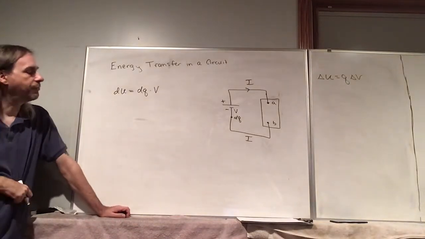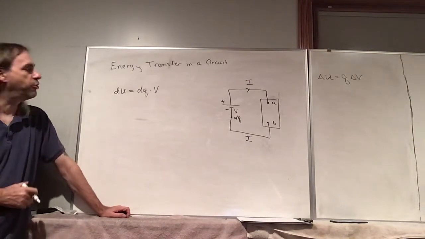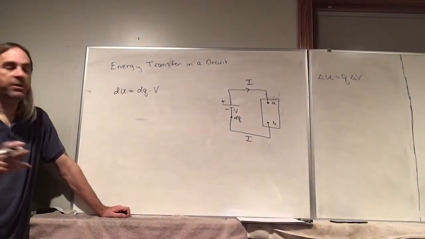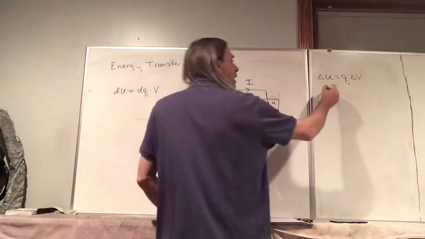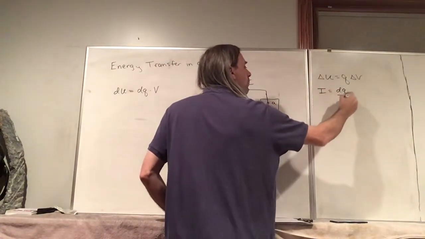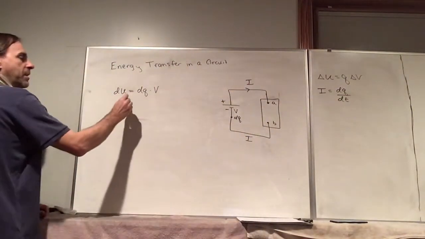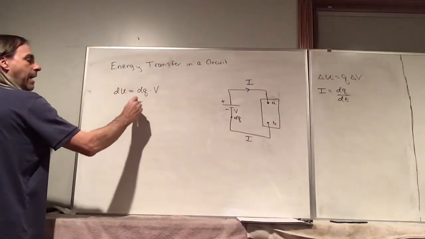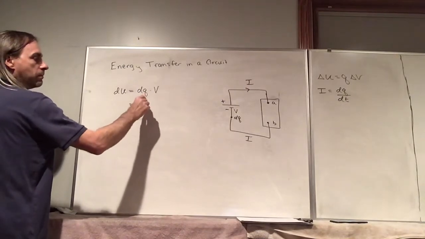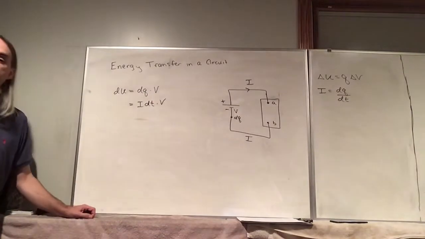Let's look at the rate that energy is being dissipated. Let's also write down our definition of current. I is dq dt, so we can write this as I dt times v.